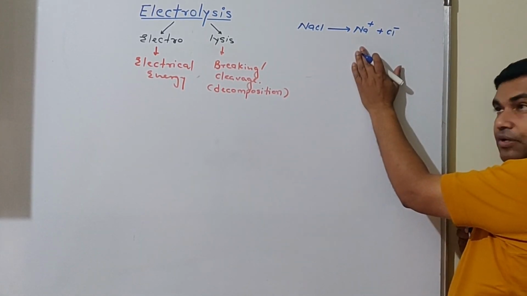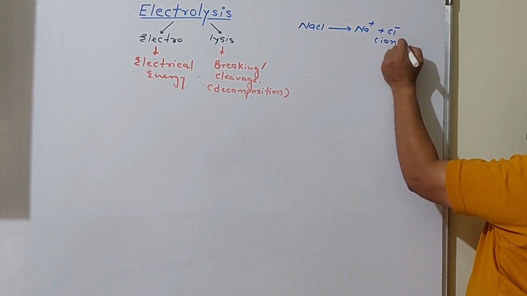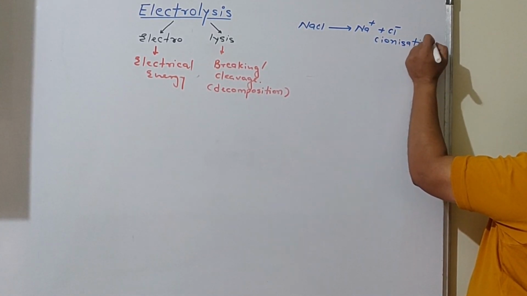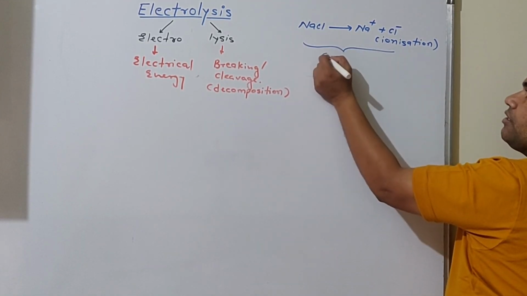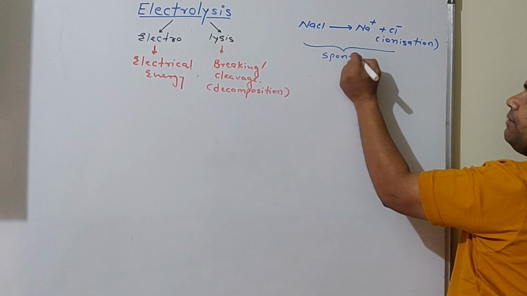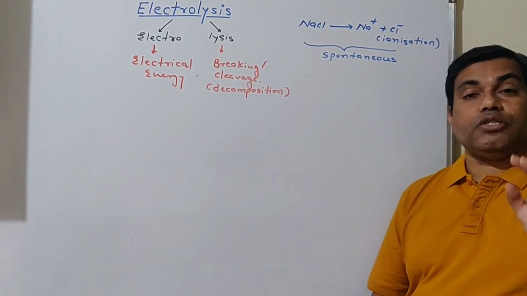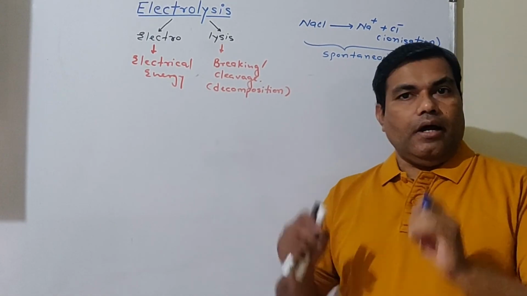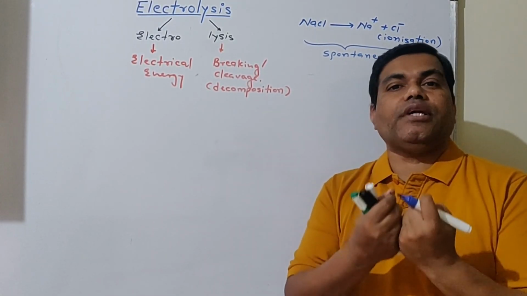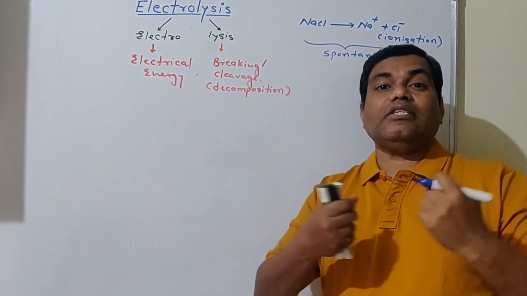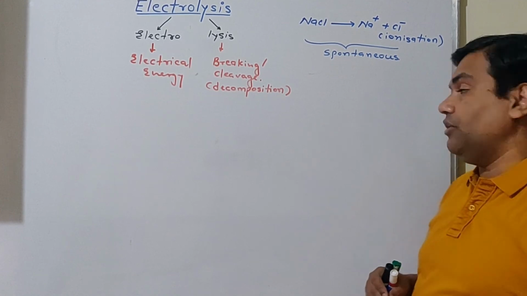Because the ions are being produced, this phenomenon is ionization. The important part is this process is spontaneous. That means it will take place on its own. Whenever NaCl is put into water, or absorbs some moisture, its ions become free to move, and the process is termed ionization.